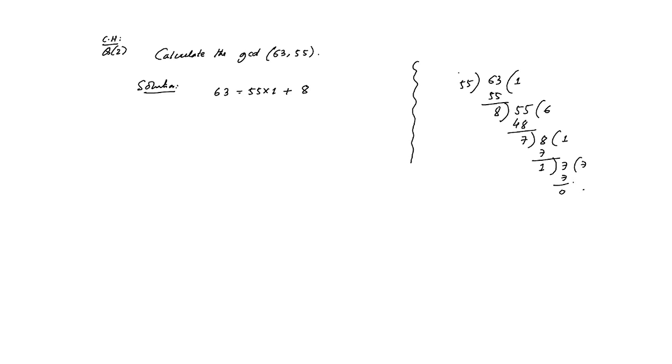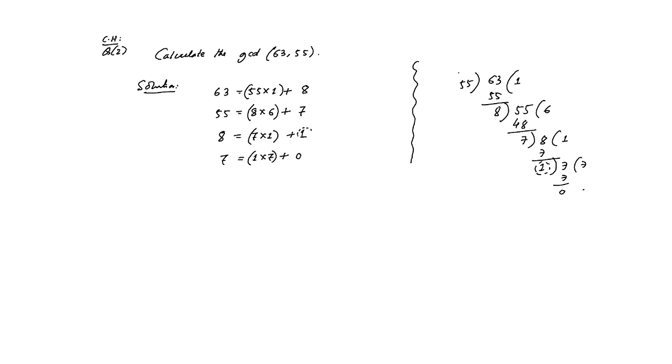Here you will see the last non-zero remainder is 1. So 55 is 8 multiplied by 6 plus 7, next 8 equals 7 multiplied by 1 plus 1, and 7 equals 1 multiplied by 7 plus 0.